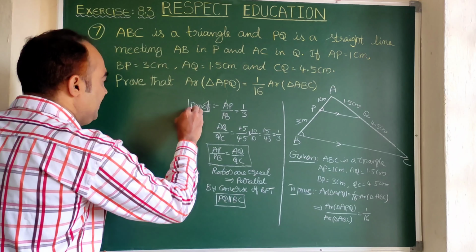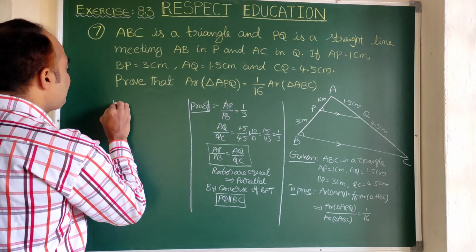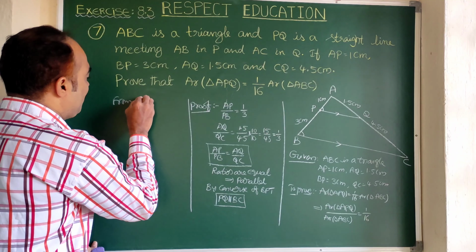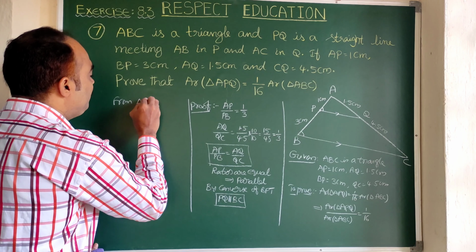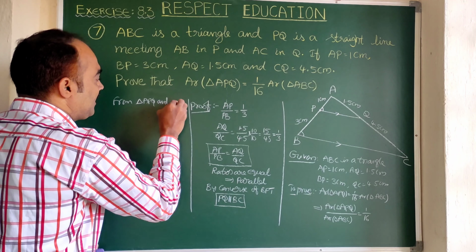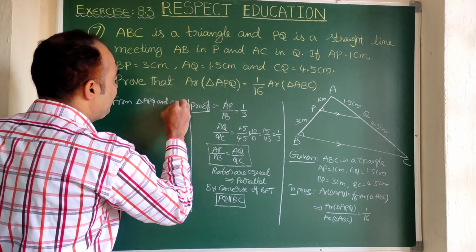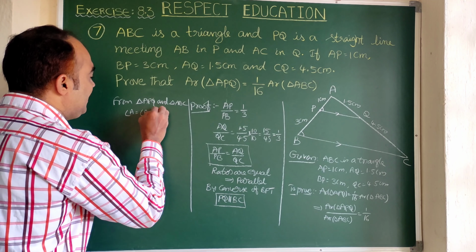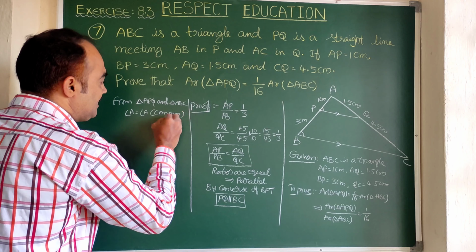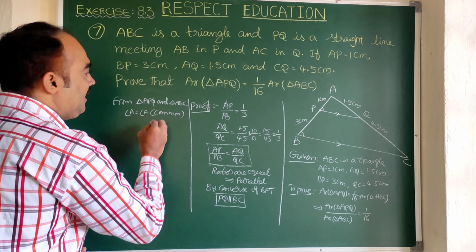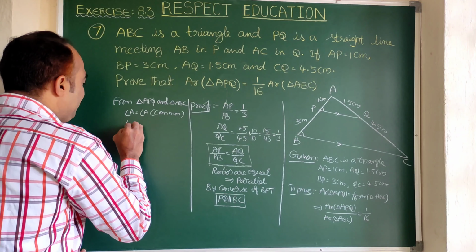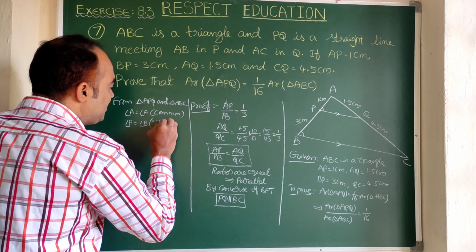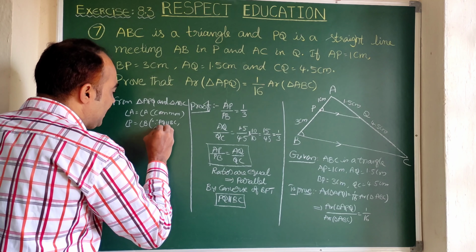So now we can write that from triangle APQ and triangle ABC, angle A is equal to angle A. This is a common angle for both the triangles. And angle P is equal to angle B, since PQ is parallel to BC and the corresponding angles are equal.